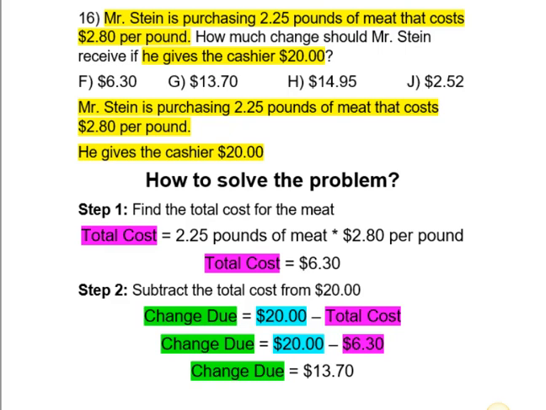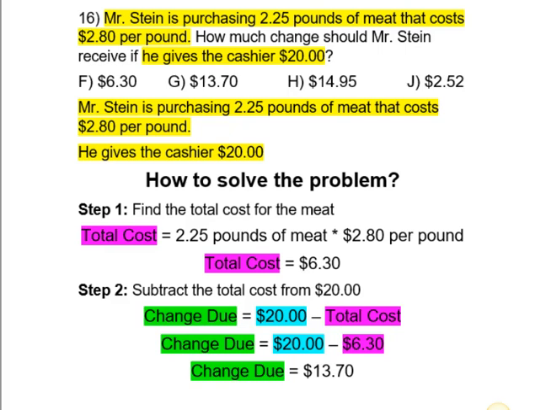The total cost is $6.30. Our step 2 is subtracting the total cost from the $20 to find his change due. So change due is equal to $20 minus the total cost, and we know that the total cost is $6.30.